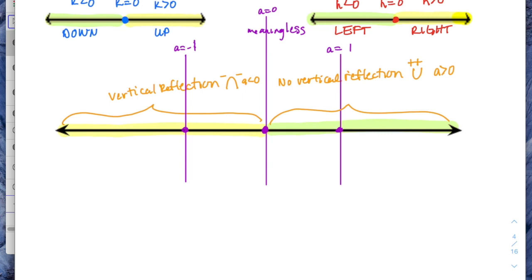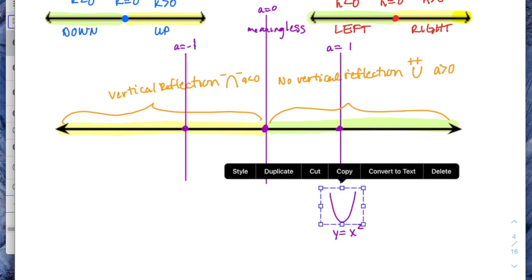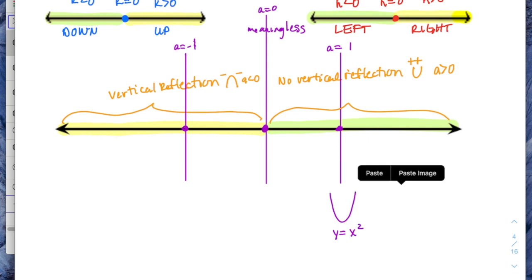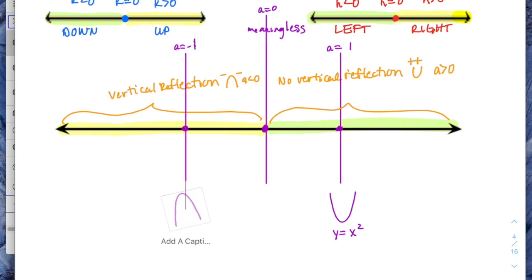So let's start with the easiest case, and that's when A equals 1. When A equals 1, the shape is exactly that of our parent function, y equals x squared. If I were to reflect this vertically, meaning if A was -1, it would have exactly the same shape as my parent function.